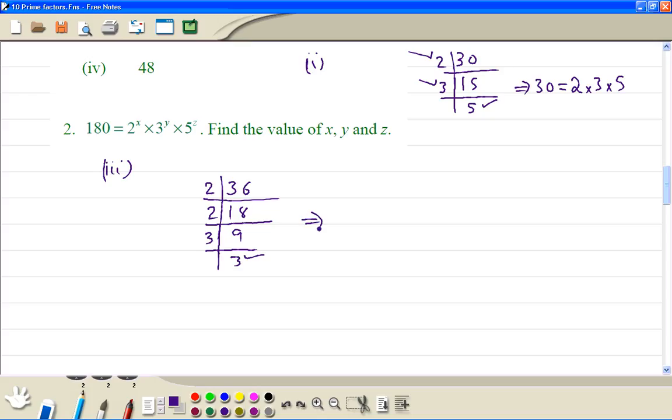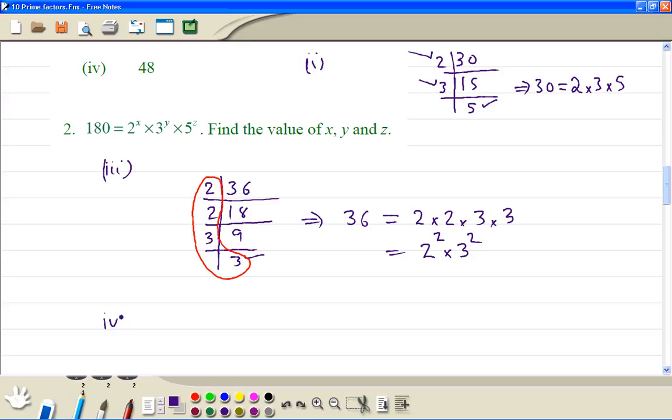So therefore 36 is equal to 2 times 2 times 3 times 3. Or we can write it as 2 squared times 3 squared.